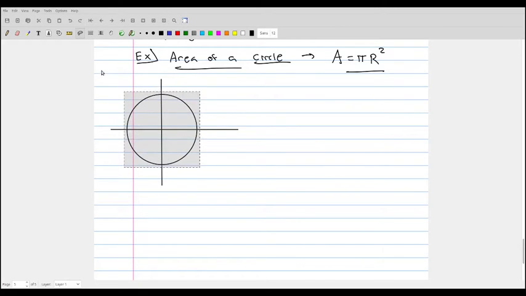You can immediately see that when you draw a circle, this is definitely a non-rectangular region, because the function on the top and the function on the bottom are not rectangles. So if our circle has a radius of r, then we want to figure out what the area of this region is.